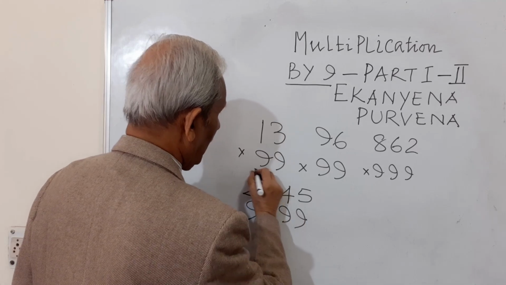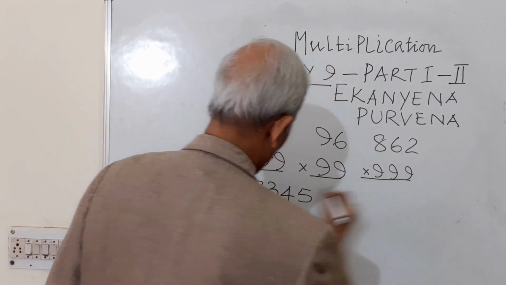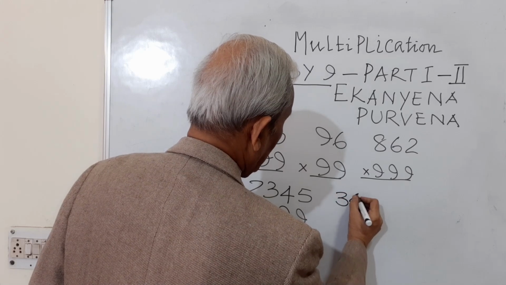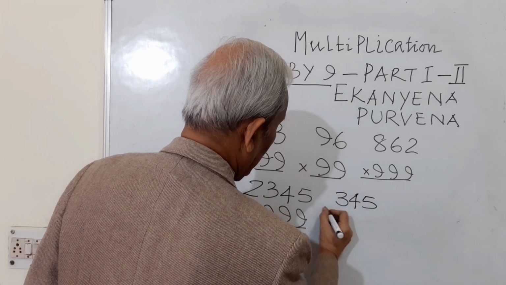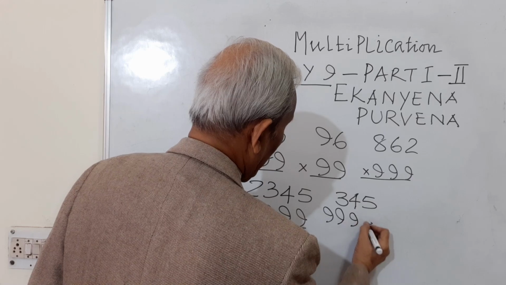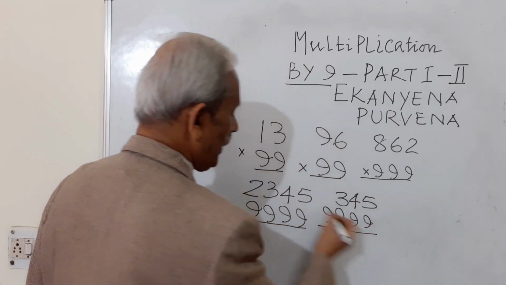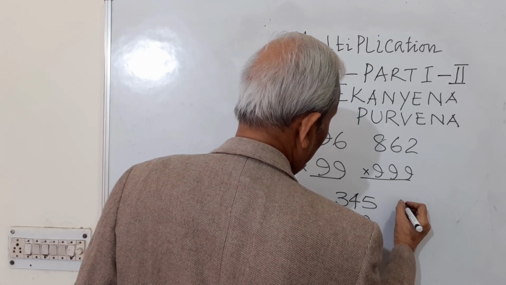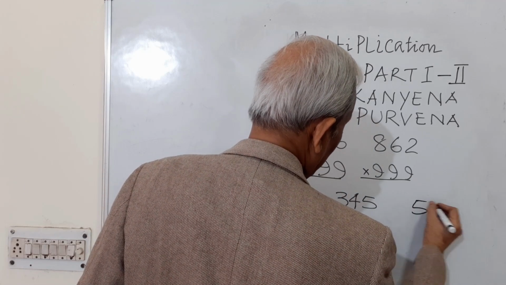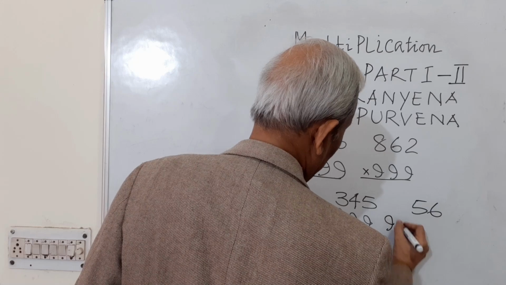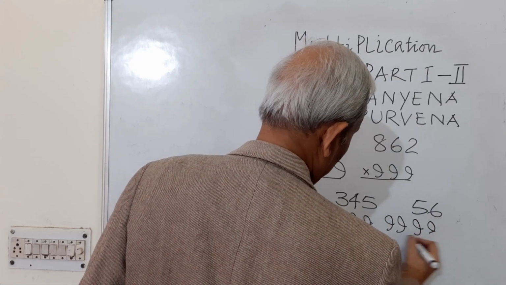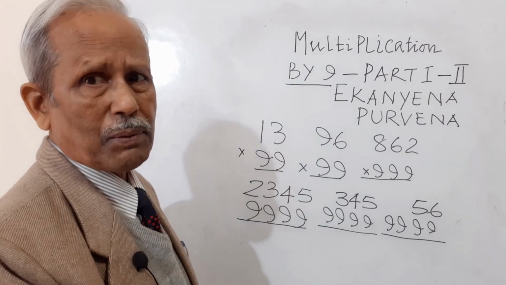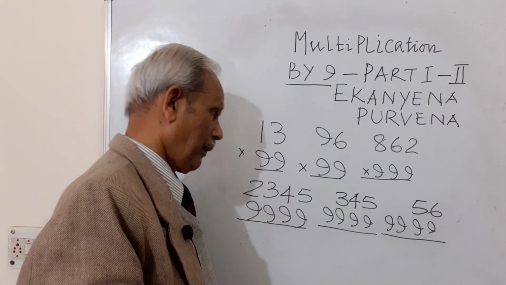And here is 345 into 9999. There are 3 digits upper and 4 digits below, and here is 56 into 999. Just do these 6 problems, practice yourself.